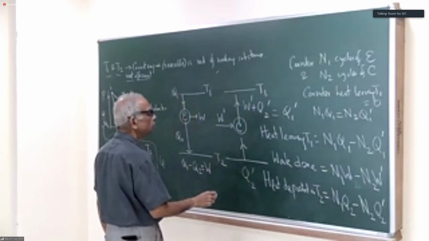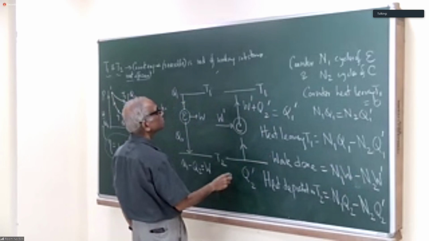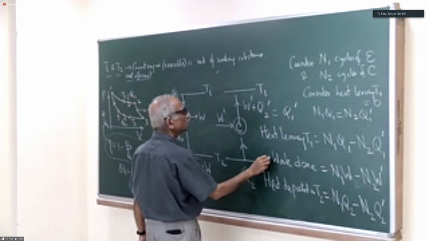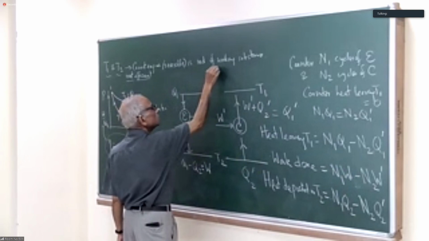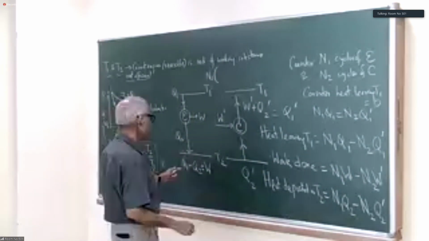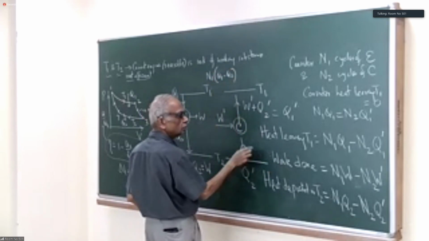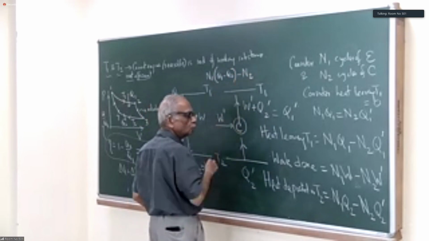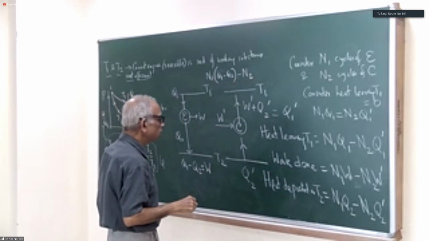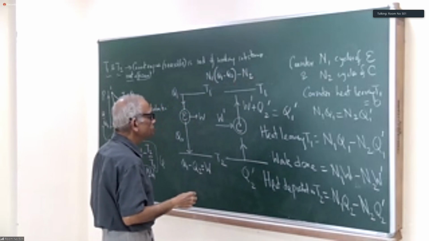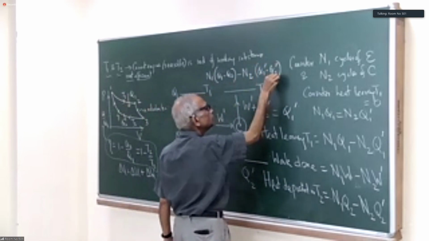So I'm going to write the work done as N1 times W, which is Q1 minus Q2, minus N2 times W prime, which is Q1 prime minus Q2 prime.